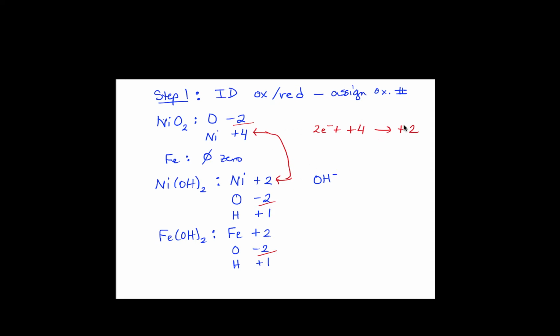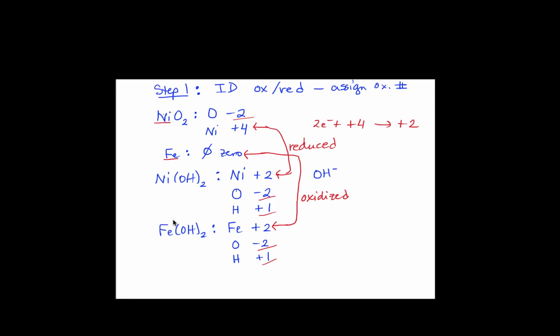So gaining electrons, that's reduction. So the nickel is reduced. And the iron goes from a 0 to a +2. And so it's losing 2 electrons, and it must be oxidized. And if we look at the hydrogens just to check, we can see that those guys didn't change either. All right, so we've identified what was oxidized and what was reduced. The iron was oxidized, the nickel was reduced.